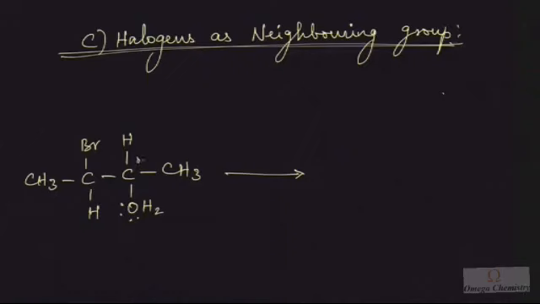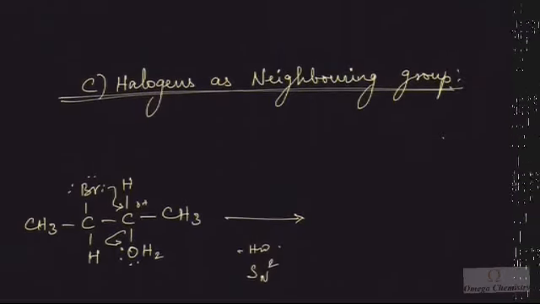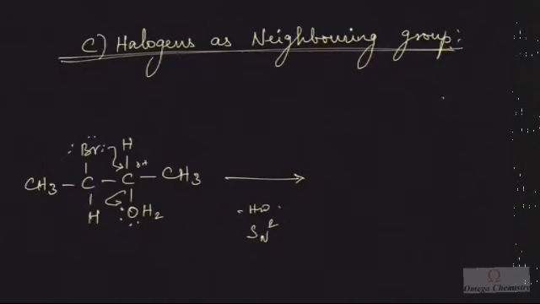A positive charge will be generated on this carbon, which will attract the lone pair of electrons on this bromine, right? So this bromine will come and attack from the backside. So water will be the leaving group. So when water leaves, this reaction looks like an SN2 reaction, since the attack is from the backside. This step is actually a very slow step.